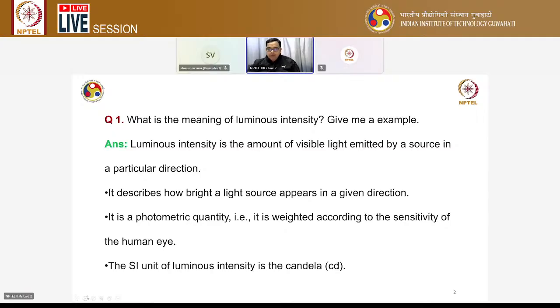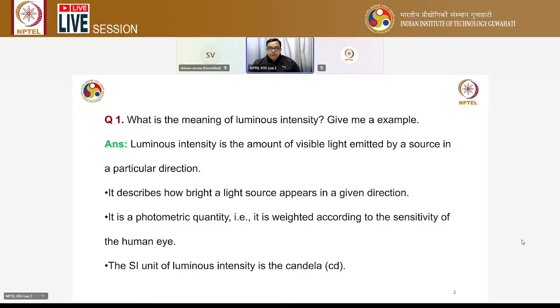Sorry for the glitch. So we will be discussing this luminous intensity. As I was mentioning, luminous intensity is the amount of visible light emitted by a source in a particular direction.